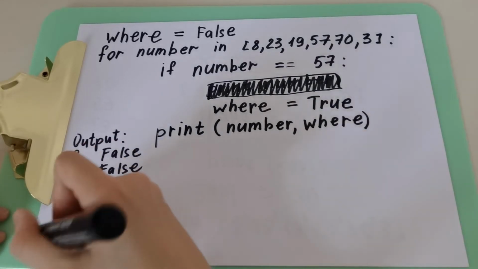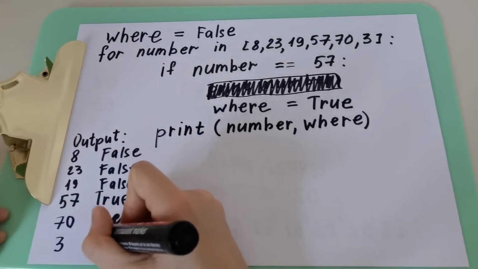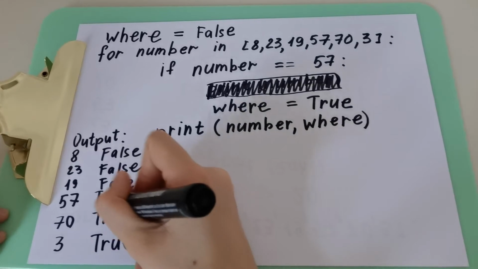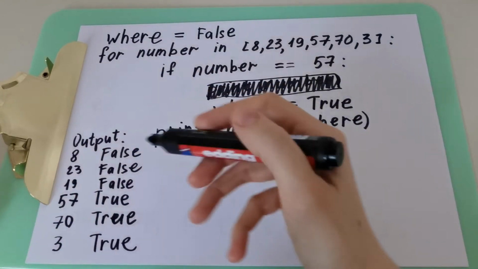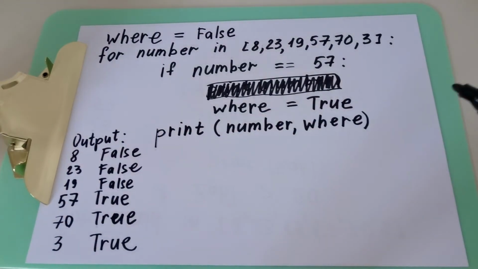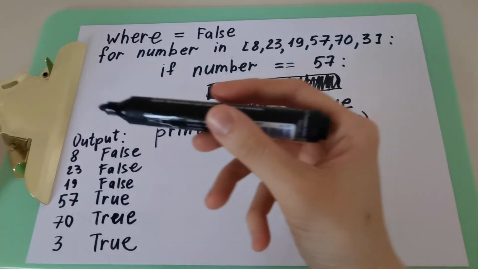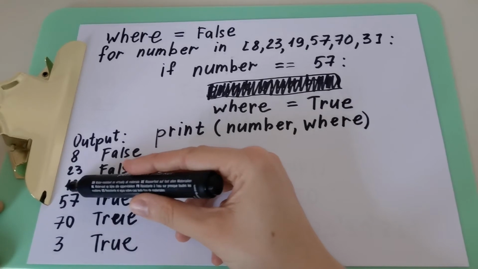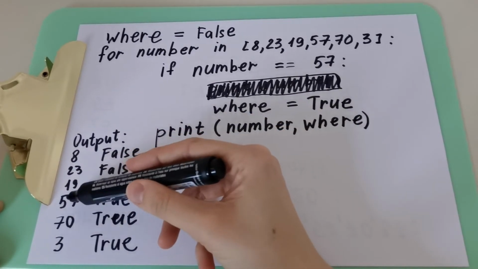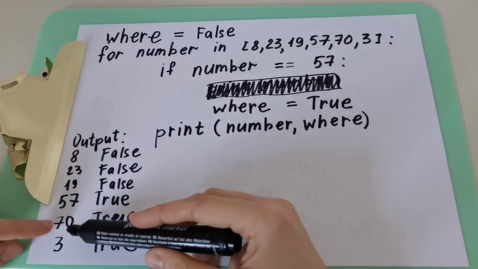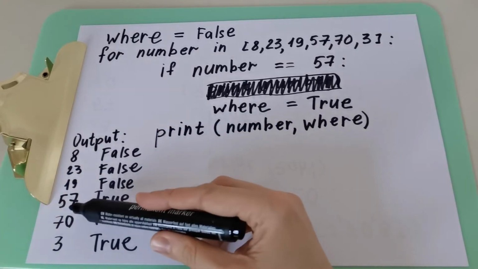And after 3, it's also True. So this change from False to True is quite easy to see even if you have a lot of numbers. And then you can see that the last number with False is 19. So 15 comes after 19 and 70 comes after 57.